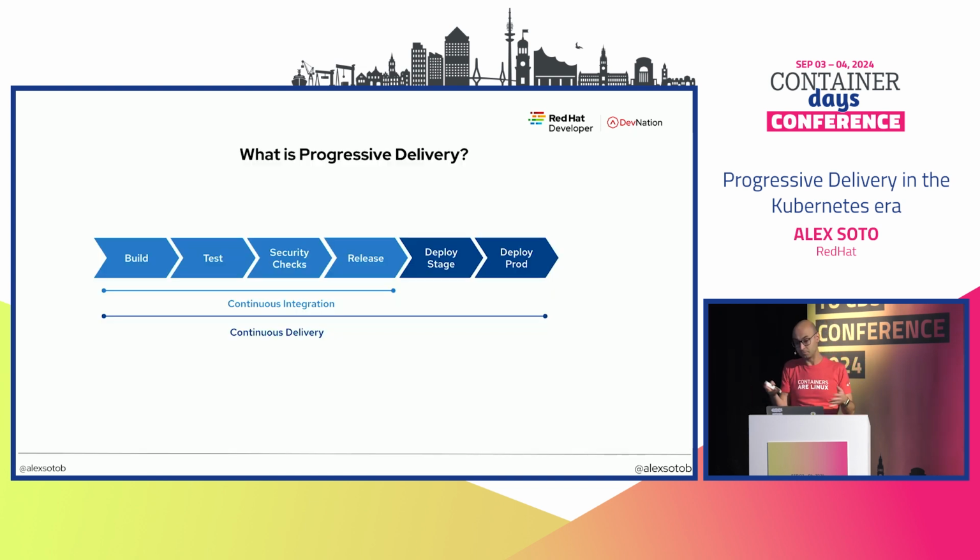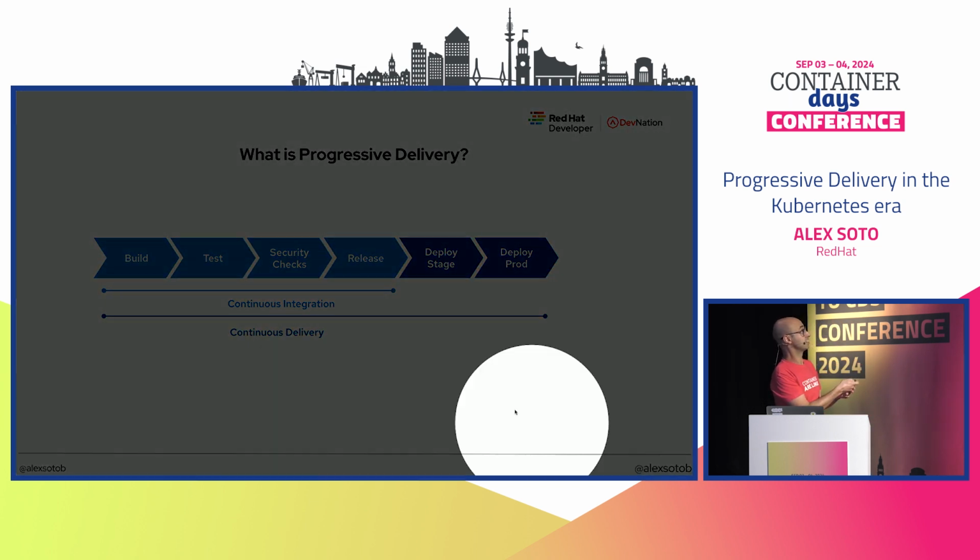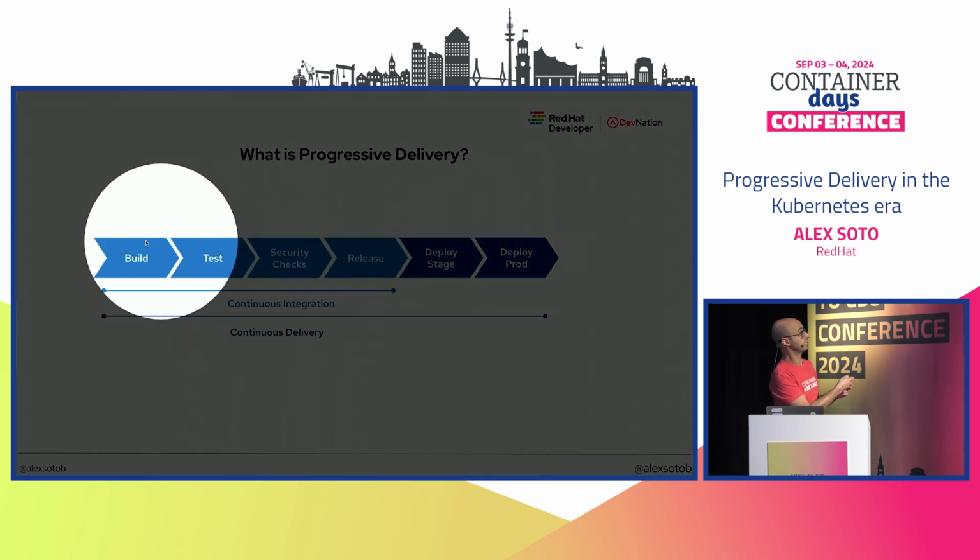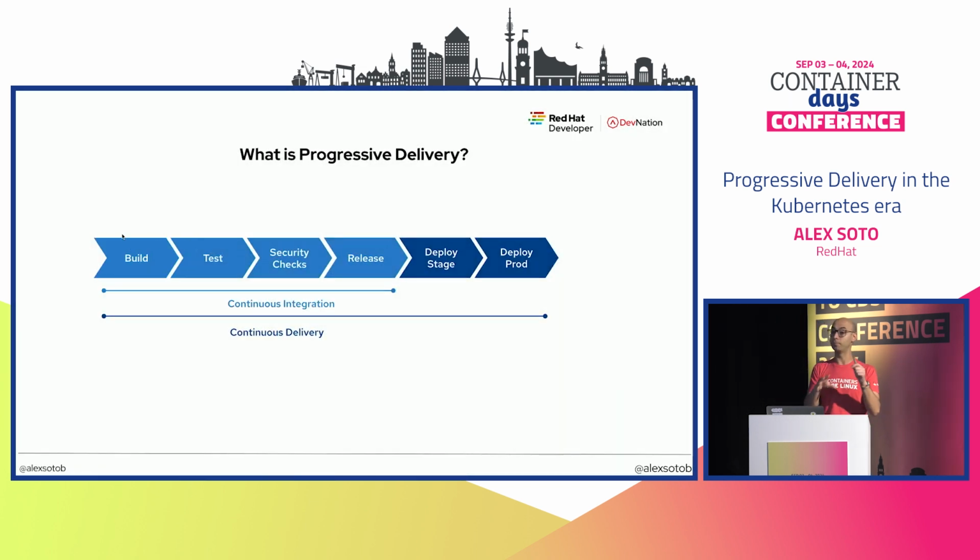Maybe you are already doing continuous integration, which is this light blue part here, where you build your application and then test it. It doesn't matter whether it's unit tests, component tests, or some kind of end-to-end test to validate the flow, the green path as well, plus security checks like static code analysis.